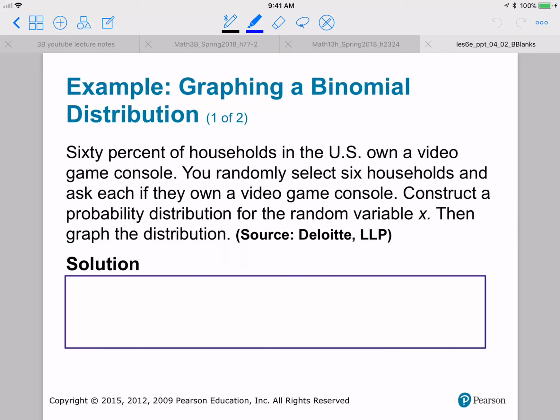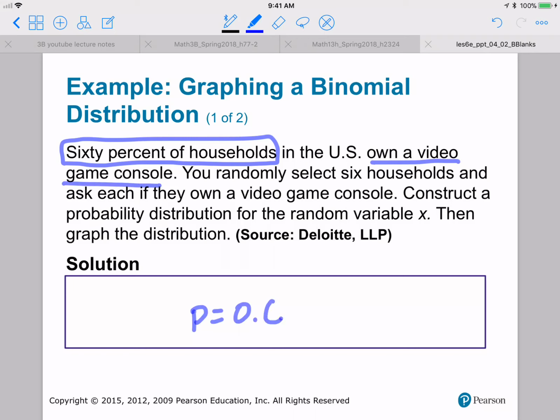Okay, and now, graphing a binomial distribution. 60% of households in the U.S. own a video game console. So already, as we're actively reading, 60% of households own a game console. That's telling me that my P is 0.6. What's the probability that you own a video game console if you're in the United States?